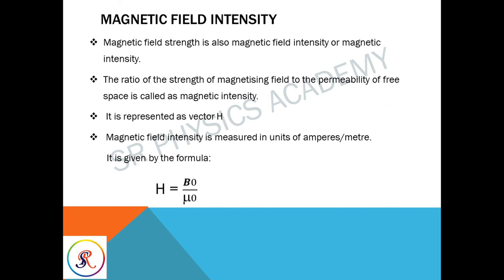The ratio of the strength of the magnetizing field to the permeability of free space is called magnetic intensity. We denote it by the letter H. Magnetic field intensity is measured in the unit of ampere per meter. We can say that H equals B naught by mu naught. Clear?